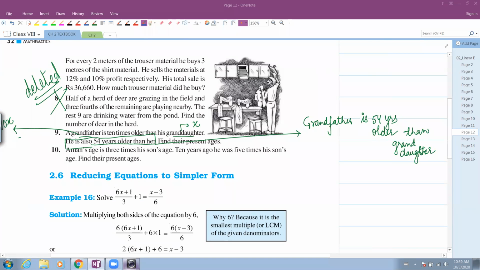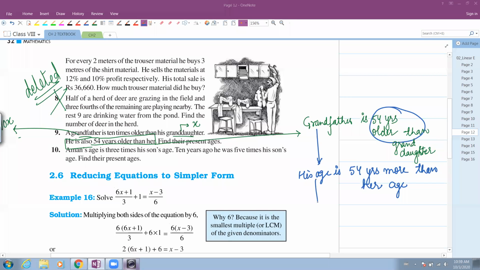So grandfather is 54 years older than the granddaughter means his age is 54 years more than her age. So grandfather's age equals x plus 54. That's correct. And what's his age? His age is 10x, which will be written as equal to. Her age is x and 54 years more means plus 54. 54 plus x. Yes, that is how you will form the equation.